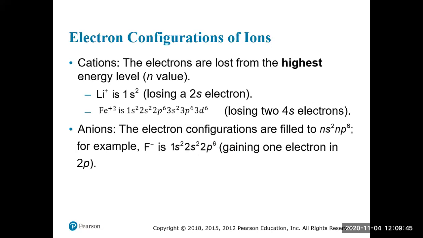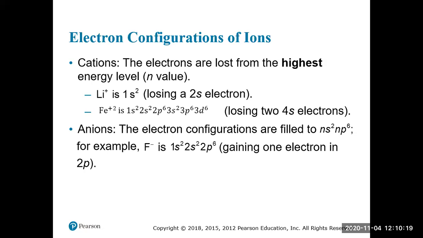Let's talk a few moments about electron configurations of ions. For cations, remember, we're losing electrons to form a cation. When we lose those electrons, they come from the highest energy level, and so that means the highest n value. So for lithium, you have 1s2, and then you start filling the 2s level.